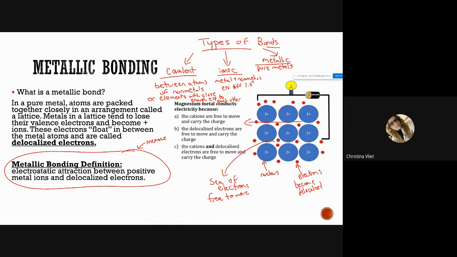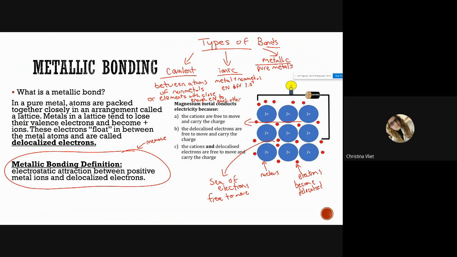Electric attraction. So positives and negatives again, right? So metallic bonding is the attraction between the positive ions of the nucleus of each metal and the electrons that are close by. We call those the delocalized electrons. And so it is the attraction between the positive metal and the negative electrons.